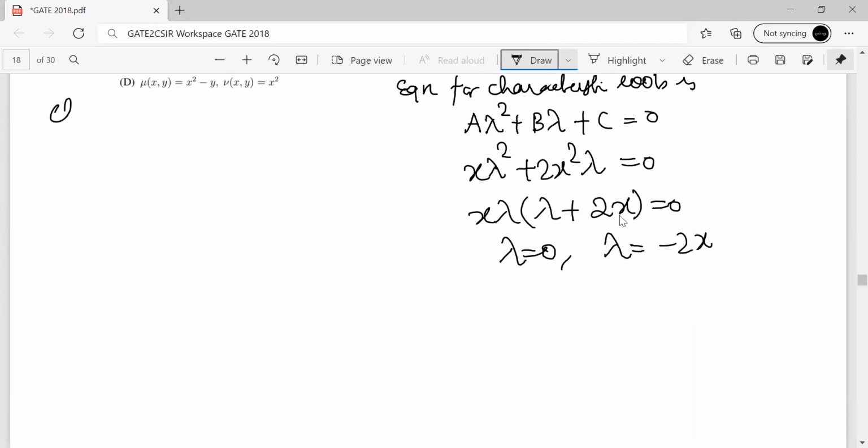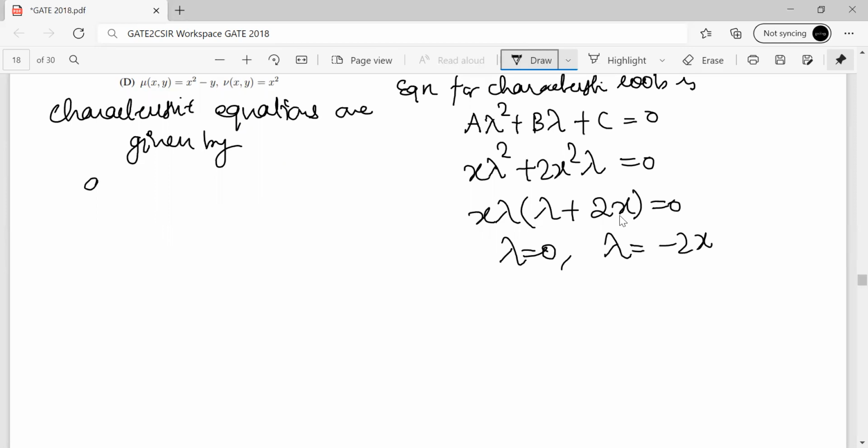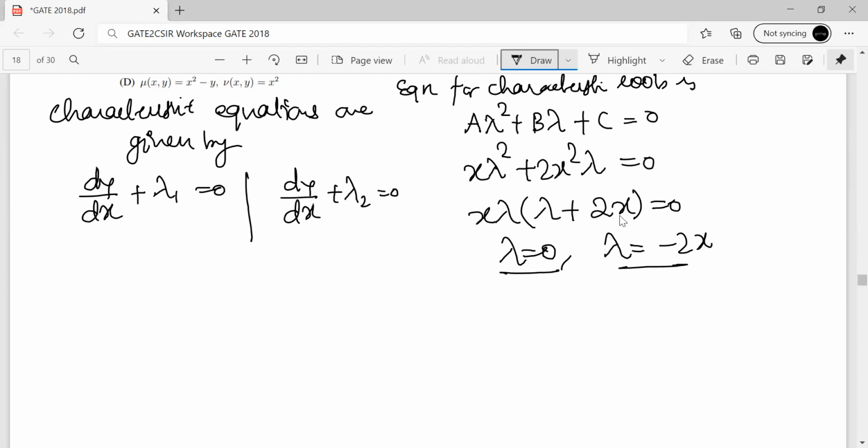So the characteristic equations are given by dy over dx plus lambda 1 equal to 0, and dy over dx plus lambda 2 equal to 0. We got two lambdas, so let's find them. That will be dy over dx plus 0 equal to 0, and dy over dx minus 2x equal to 0.